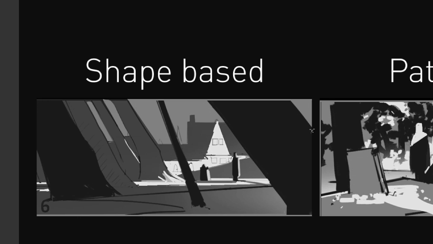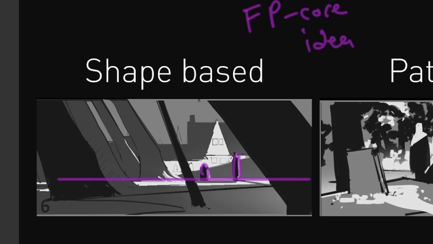Often when designing these value comps, it's best to start at the focal point, right? The core idea. Start in that general area. So in this case, it may be, okay, well, you have a person, a grave, a horizon line. Then design the entire rest of the comp using shapes kind of around that.